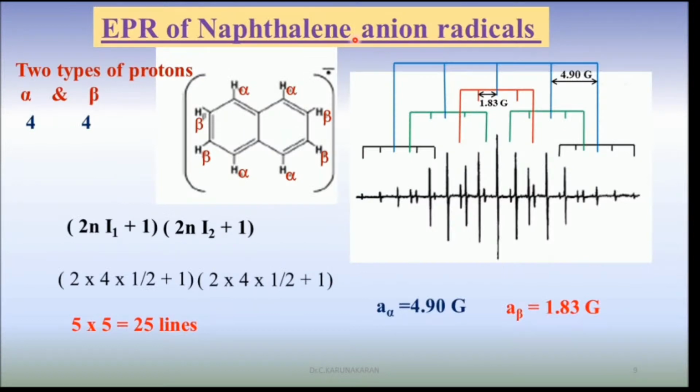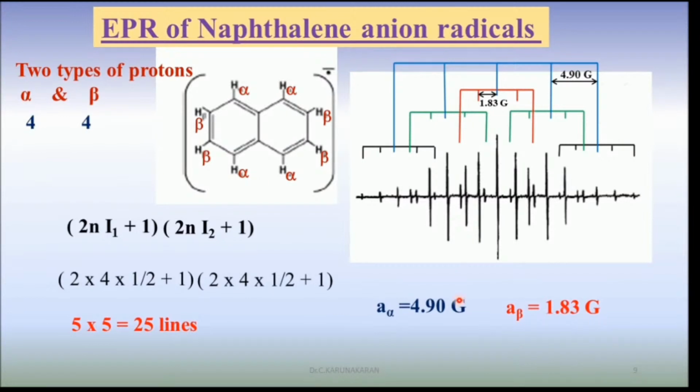Let us now see the naphthalene anion radical, similar to the benzene anion radical. Here there are two types of protons: 4 alpha protons and 4 beta protons. Therefore, they have different chemical shifts as well as different coupling constants. For example, the coupling constant for the alpha proton is 4.9 Gauss, and for the beta proton A beta is 1.83 Gauss.